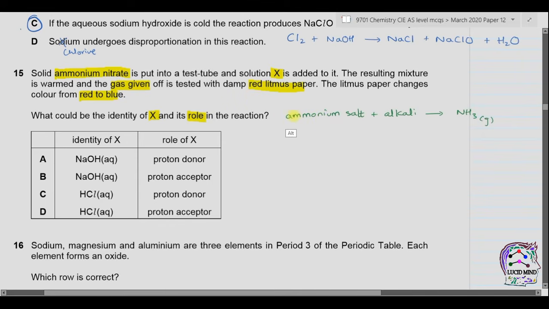Second point is that ammonia is basic in nature, so base turns red litmus to blue. And third point is that according to the Bronsted-Lowry concept of acid and base, base is a proton acceptor.